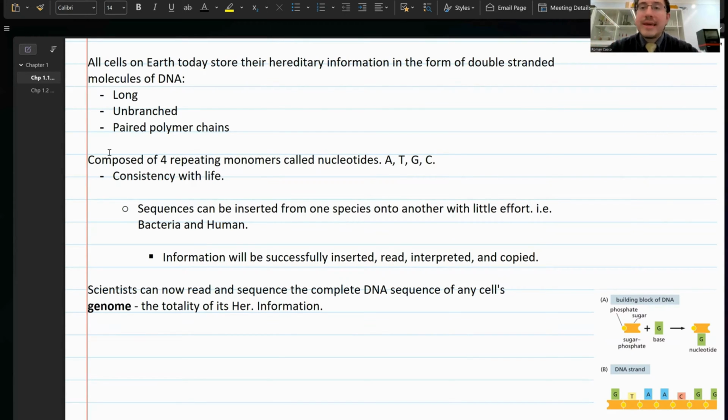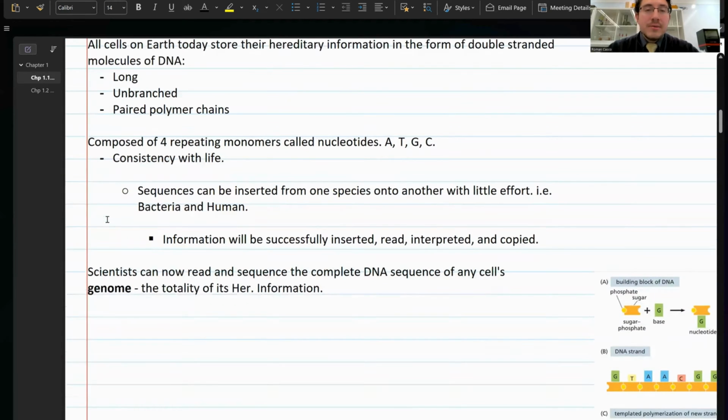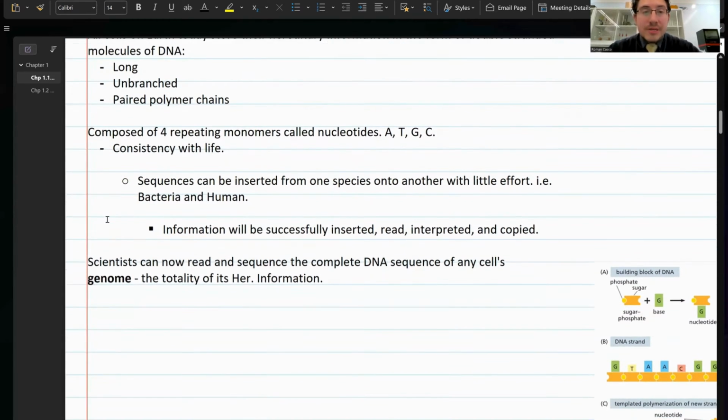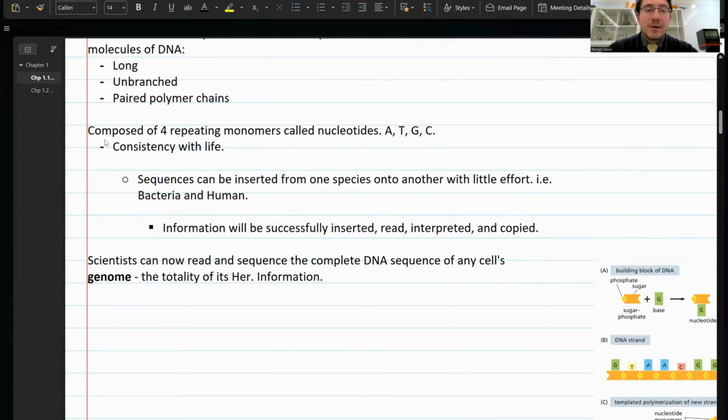There's two nucleic acids that are basically bound together by hydrogen bonds between the nitrogenous bases that we're going to take a look at. What's interesting is that these long polymer chains are composed of four repeating monomers that we commonly know as nucleotides, and there's four types of nucleotides: adenine, thymine, guanine, cytosine.